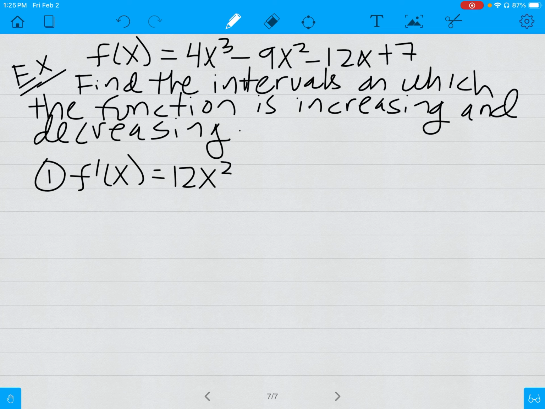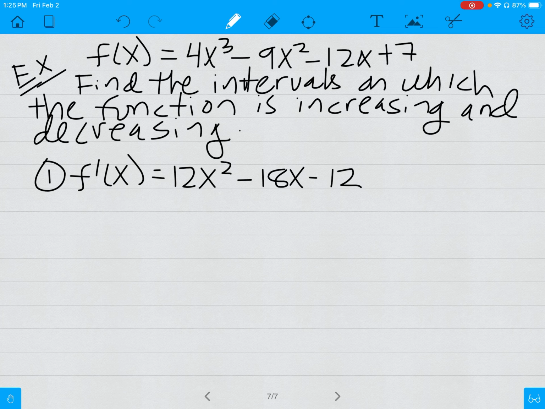Derivative of the second term, negative 9x squared, that's going to be a negative 18x. The third term, the negative 12x, that's going to be negative 12. And the derivative of positive 7 is going to be 0. Okay, so there's our first step. Find the derivative f prime.